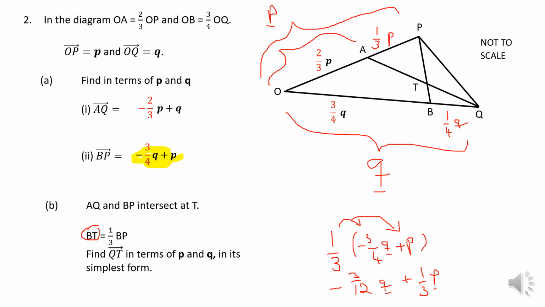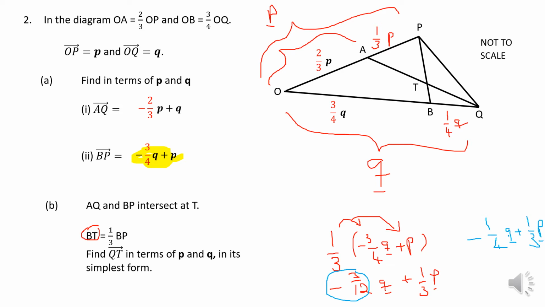Maybe you can also simplify this negative 3/12, so it can become negative 1/4 of Q, and then plus 1/3 of P. So you can also get something like that. So that is what I expect to get.